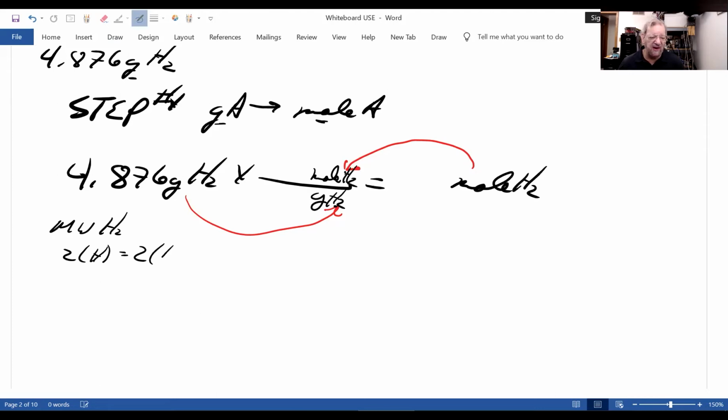I know this by heart, but you may not. And you should know how to find the atomic weight to 3 significant figures on the periodic table. For hydrogen it is this times that. 2 is an exact number, 2.02. So for every 1 mole of hydrogen gas, H2 is 2.02 grams. Now, before I go any further, grams of hydrogen divided by grams of hydrogen. Remember, anything divided by itself equals the number 1.